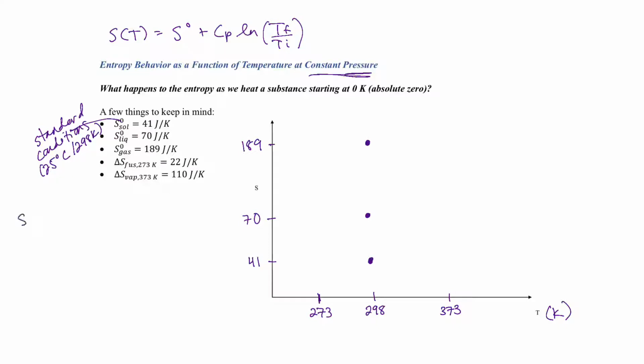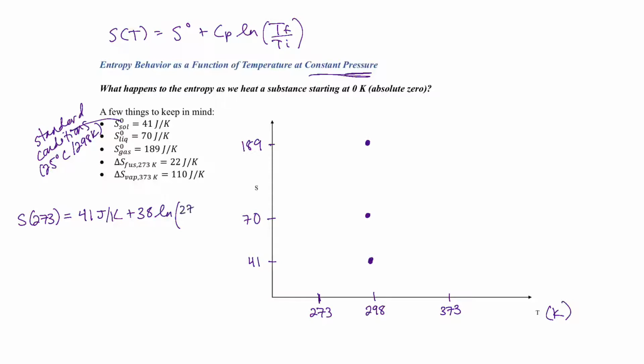So if we want S at 273, we will have our standard entropy for ice, which is 41 joules per Kelvin, plus our heat capacity for ice, which is 38, and then plugging in our temperatures.